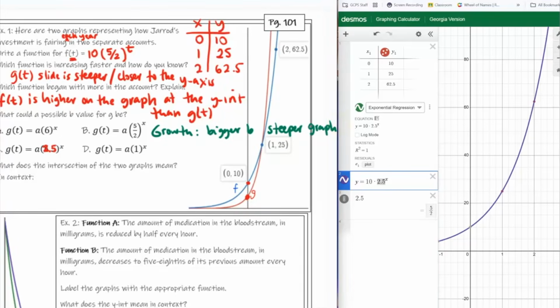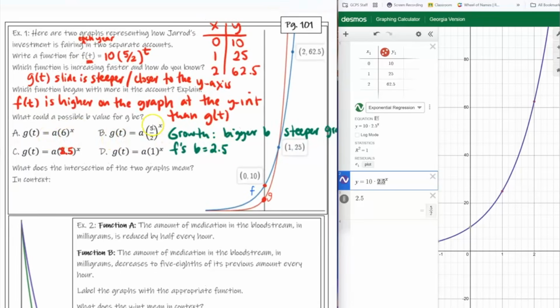So f's b is equal to 5/2 or 2.5. I know that g needs to be steeper than that, so g needs to be bigger than 2.5. Now let's look through the answer choices. I have exactly 2.5. They can't be the same because one is steeper than the other.